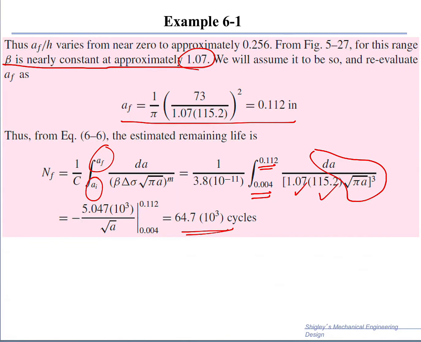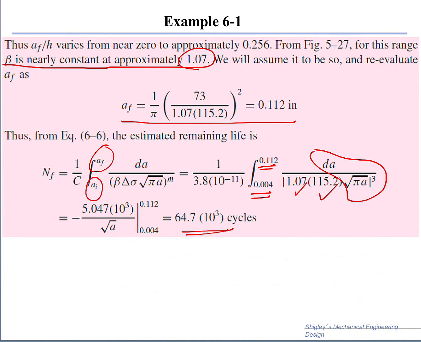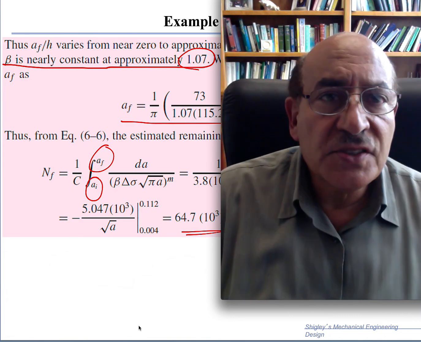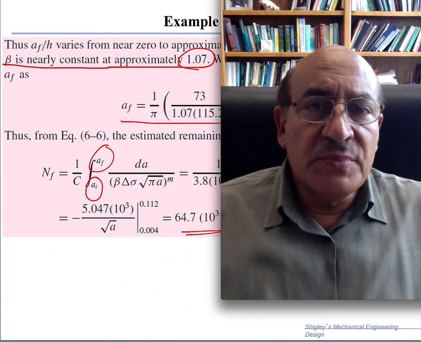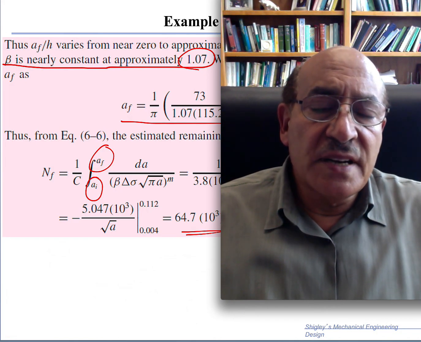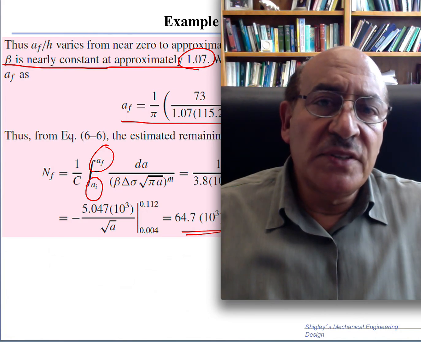I think this example illustrates how we would do the calculations using linear elastic fracture mechanics. In other examples on the homework assignments, the maximum value for the crack size could be determined from yield.